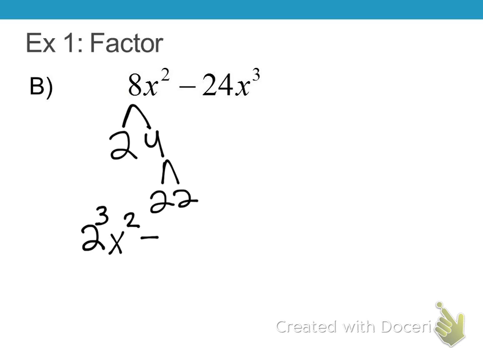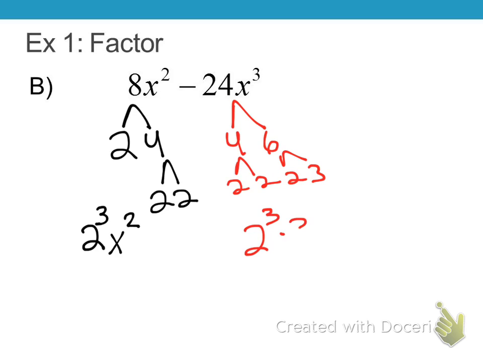Everybody with me? All right, go ahead and do it back here as well. That'd be 4 and 6, 2 and 2, 2 and 3. So this one is 2 to the third times 3 x to the third.